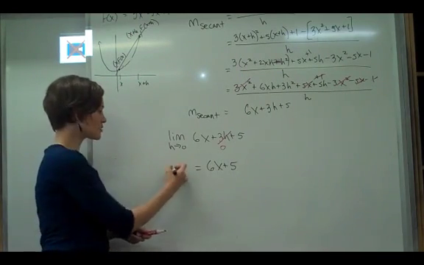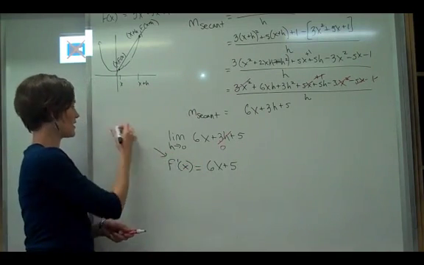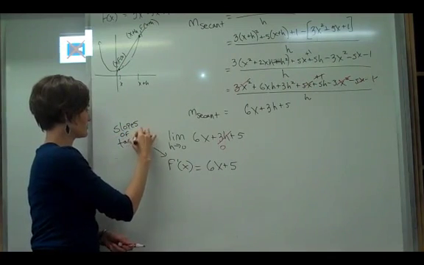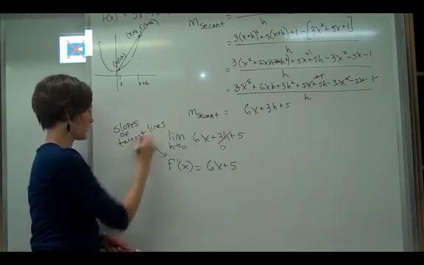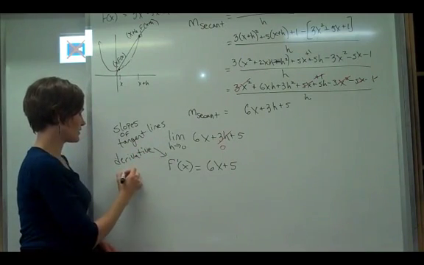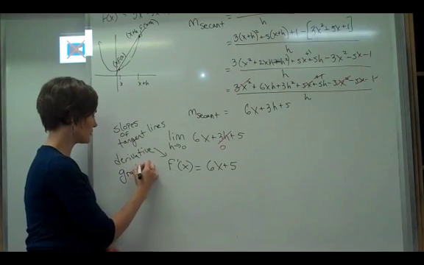What do we call instantaneous rates of change? f prime of x. So these are the slopes of the tangents. This is the derivative function. It's also called the gradient function or slope function.